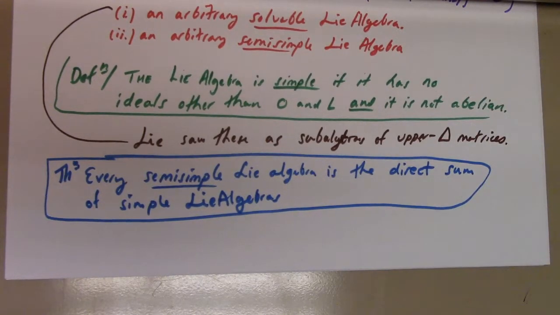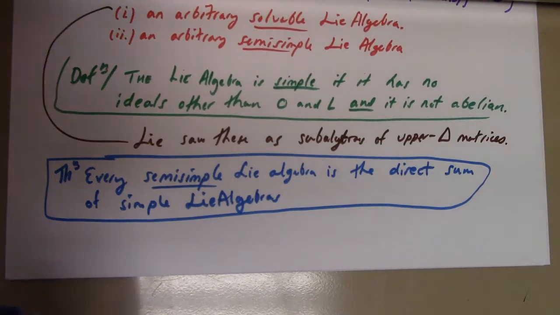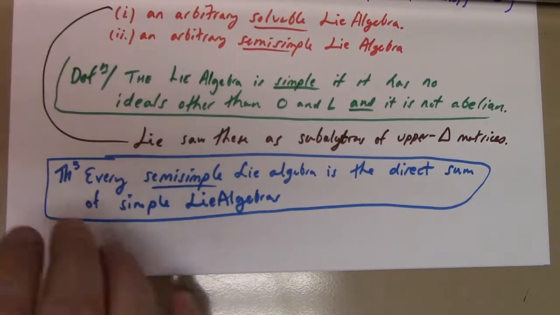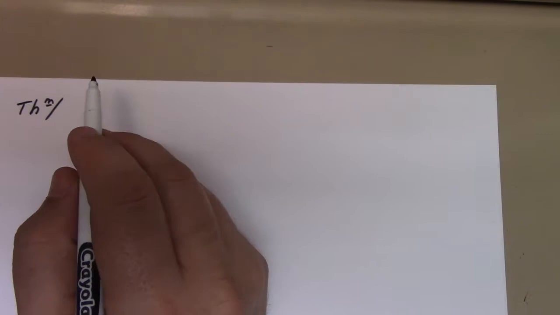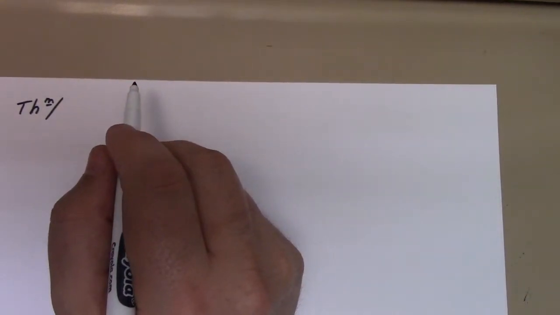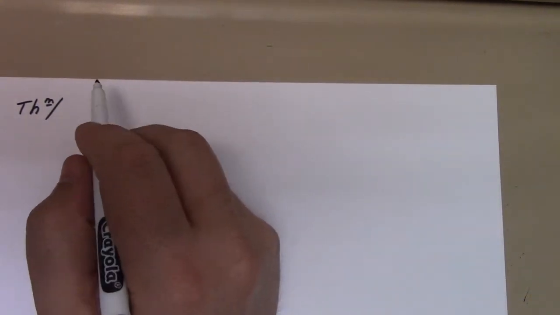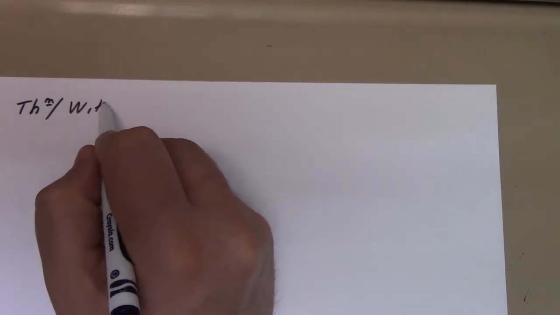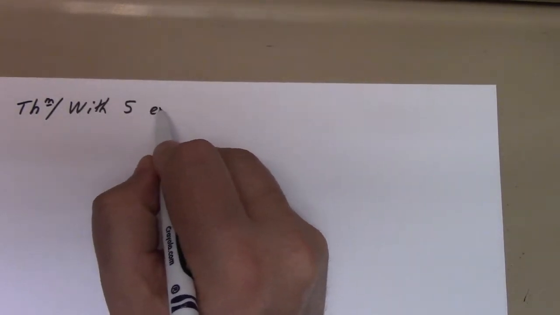It's 1880 to 1910 where this stuff got fleshed out. Once the dust settled, we learned that there are 3 infinite families over the complexes. I guess the story over other characteristics is still unfinished. There's ongoing work in the classification over fields of non-zero characteristic. But here he goes: with 5 exceptions. 5 exceptions, that's weird, right?